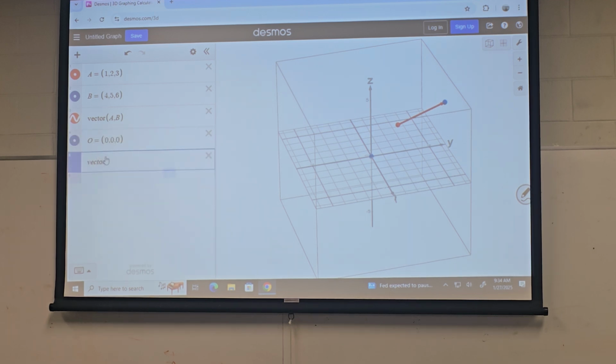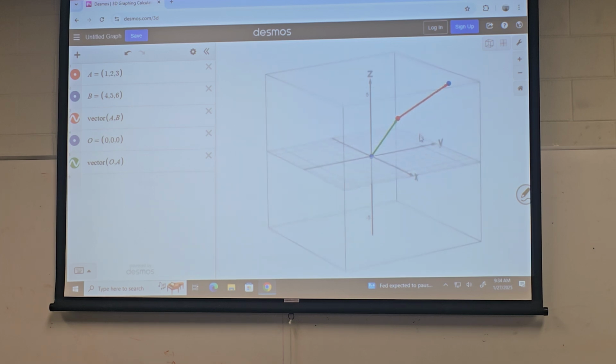So now when you're drawing all your vectors, you can say, draw the vector from the origin to A, or something like that. Or you can say from the origin to A plus B. In fact, Desmos does know vector addition.